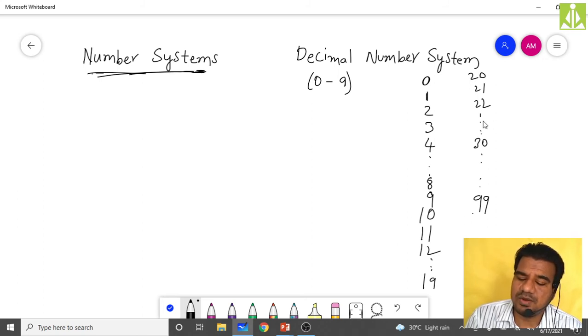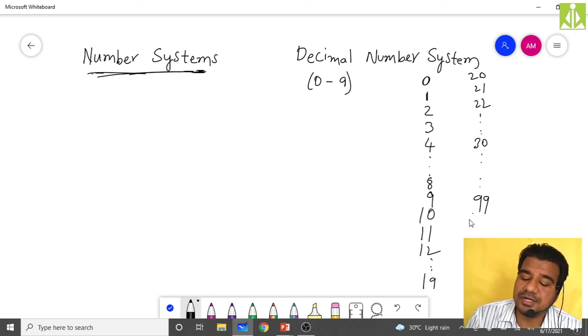Likewise, when we reach 99, again to show 100, it is not possible using 2 digits, 2 places, isn't it? So we have to increment the position, the hundreds position, once again.